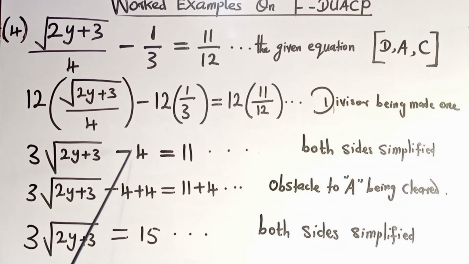This is an adder to the whole left-hand side. But this 3 is an adder to the unknown or the variable. So at this point in time, we have two adders, minus 4 and plus 3. The main adder we want to make become 0 right now is this plus 3.